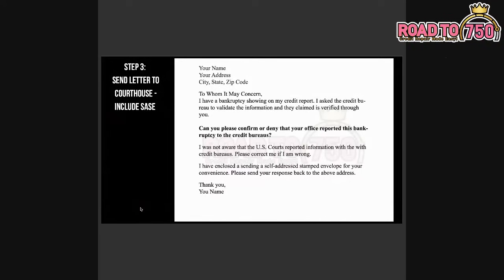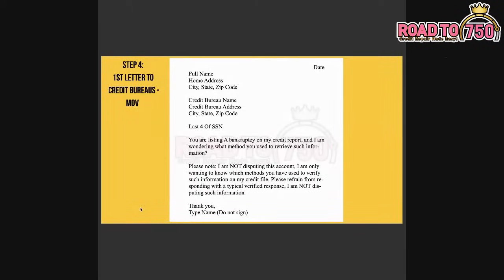Or a SAS. Now, this is where it's important for you guys to listen, because this next step is to the credit bureaus, right? This is not placing the item into dispute. In fact, I want to read this letter, so I can explain to you the purpose of this letter.